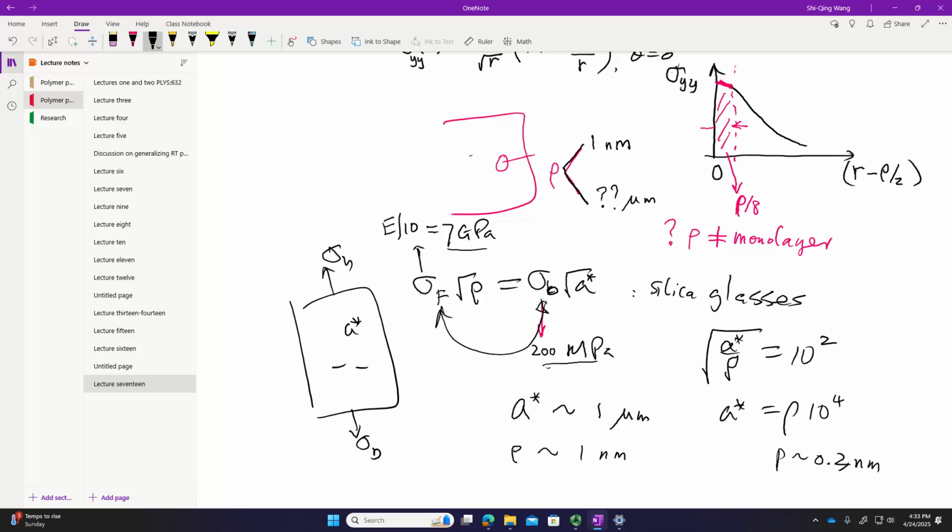If they are comparable, I claim then you should not worry about flaws. By definition, do you understand the conceptual definition? Because flaw is what weakens the material. If you say, gee, my material is not weakened, then there is no flaw, then you cannot use this formula, right?